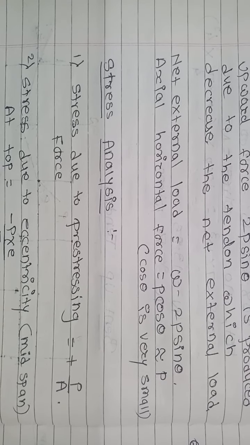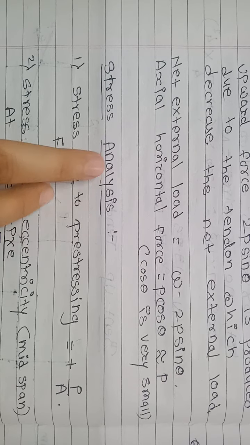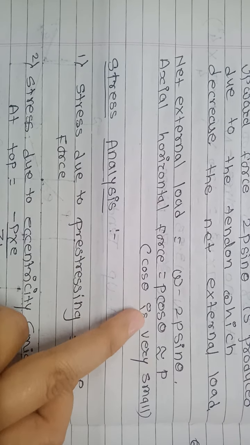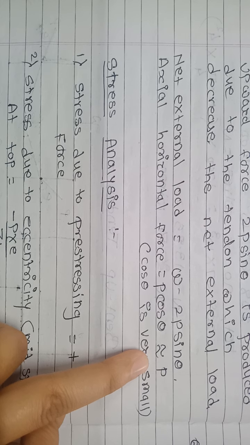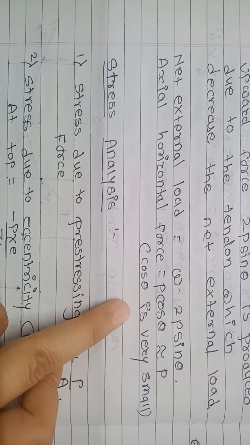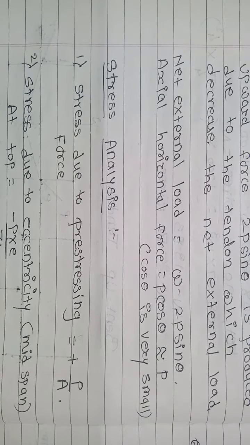Now the net external load is equal to W minus 2P sin theta. Now the axial horizontal force is equal to P cos theta. Theta is very small, so cos theta is negligible, and the axial horizontal force is equal to P.